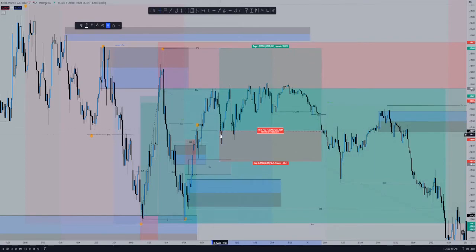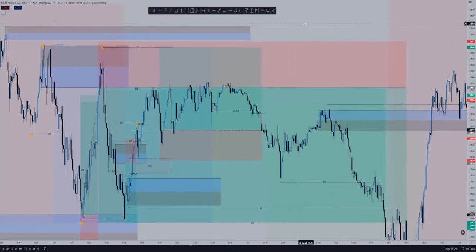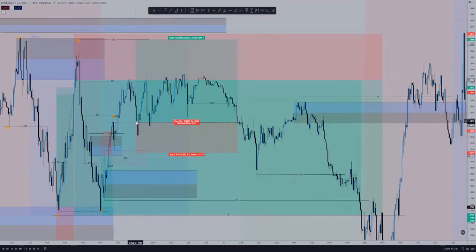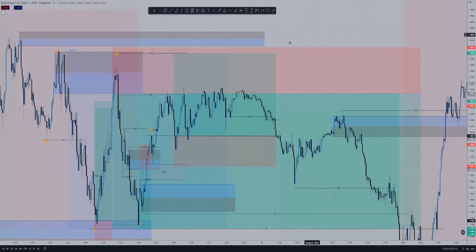Entered that, nice entry, minimal drawdown, and we got into profit quite nicely, not all the way to TP, and then tagged out at break even. But it was sort of a cover really, that trade, just in case we did shoot off and break, and then would have recovered this trade and this trade had we moved up.